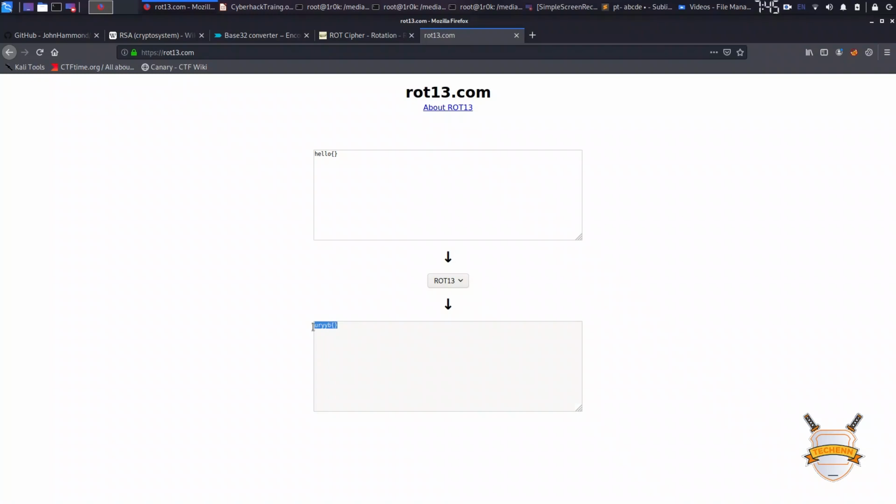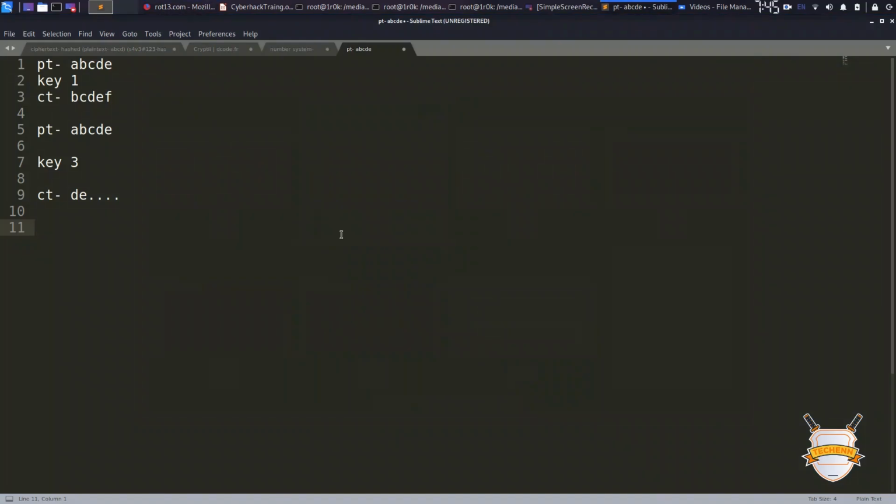It is only applicable on characters or alphabets. So if my flag format is LPAD and something here, let's make it precise.